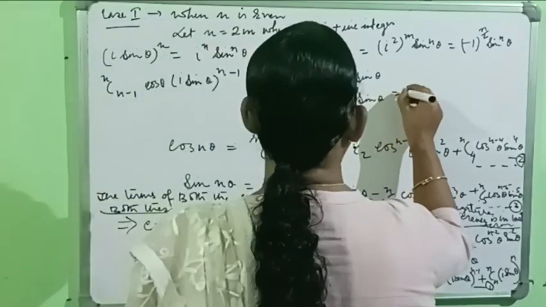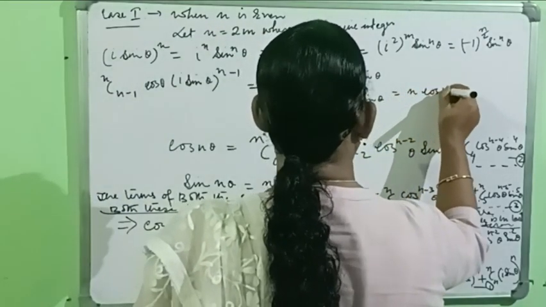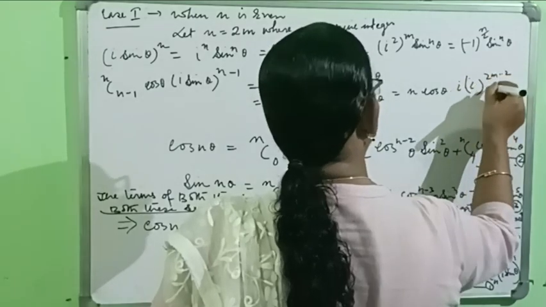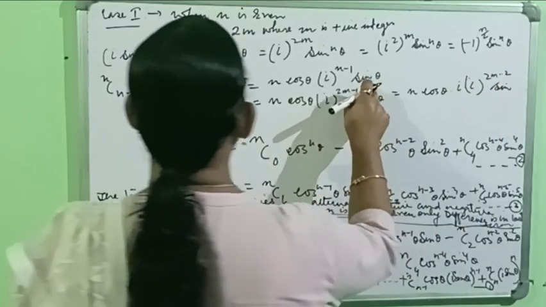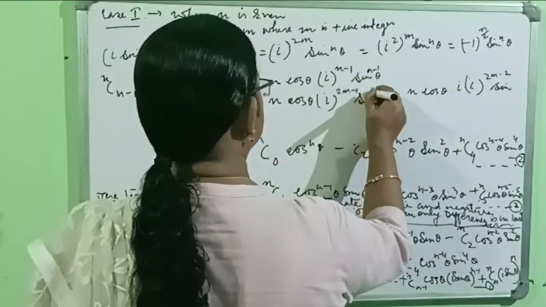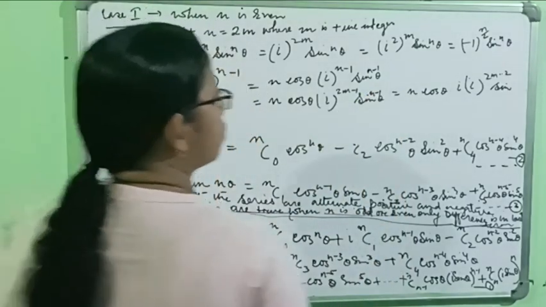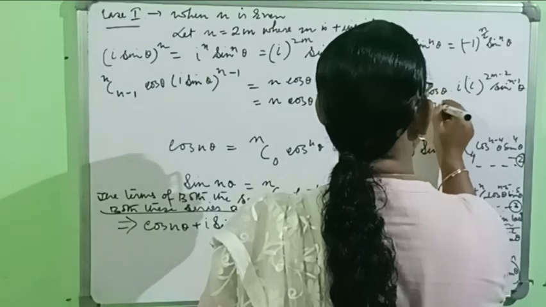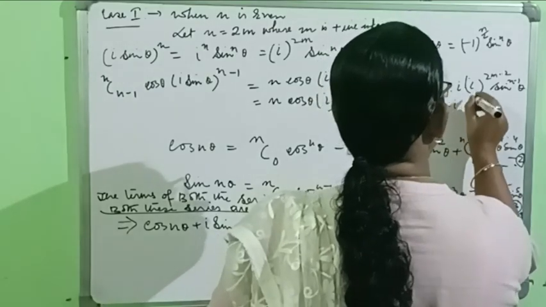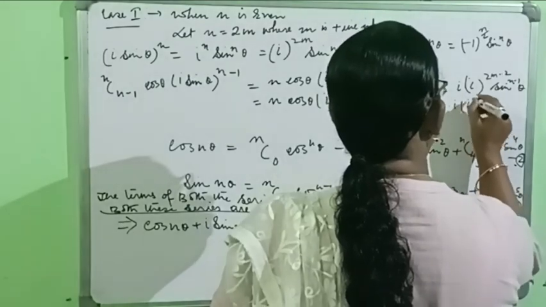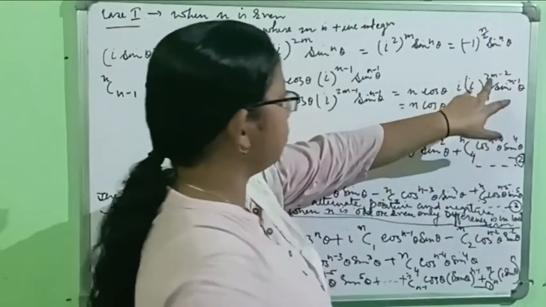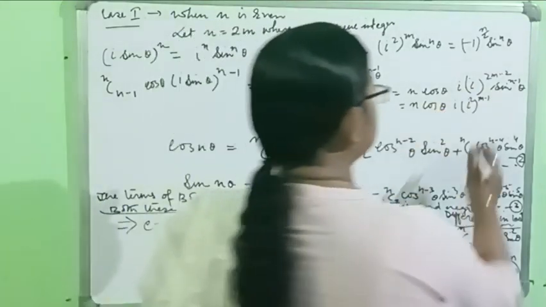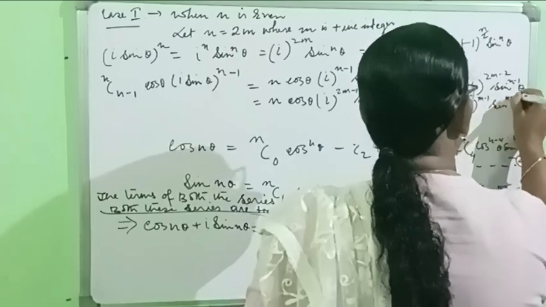In the next step, I can write n cos theta sin^(n-1) theta. I am taking the square here, and this n minus 1 can be taken as 2 into n minus 1 by 2, so I take the 2 inside: i squared to the power (n-1)/2 sin^(n-1) theta.